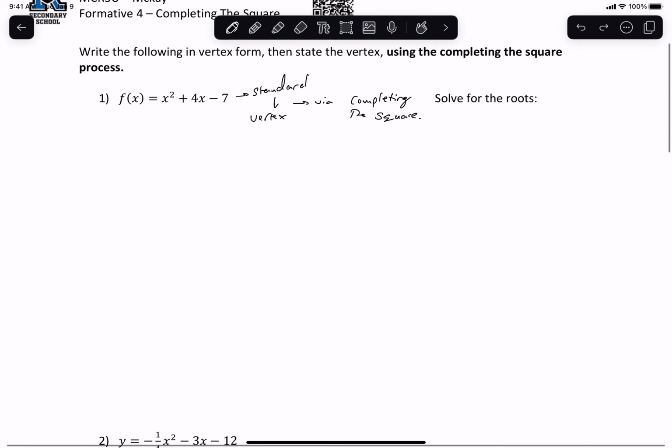Okay, and what we're going to do is say the z value is going to be the b value divided by 2, squared. So it's 4 divided by 2 squared, which is 2 squared, 4.